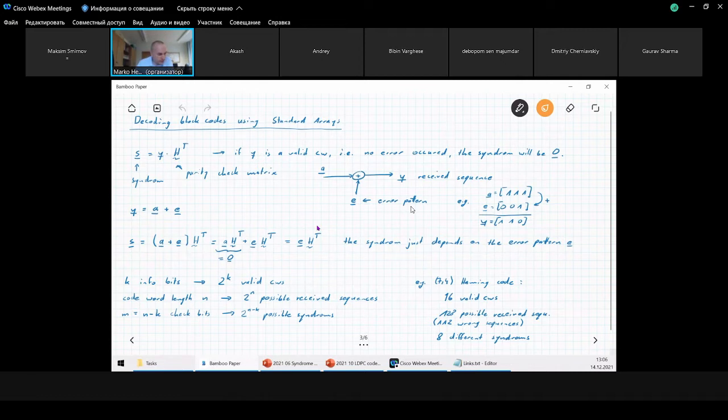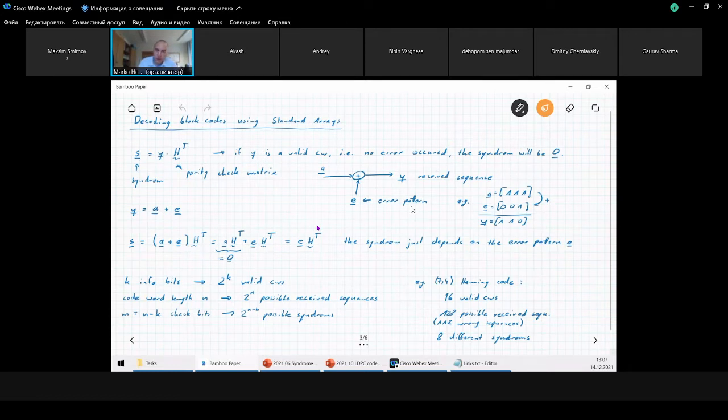For hard decision decoding, we would simply use the Hamming distance. So always the question is finding the valid code word most similar to my received sequence. But if we have large sets of code words, this means we need to calculate really many Hamming distances or Euclidean distances, which we want to avoid.